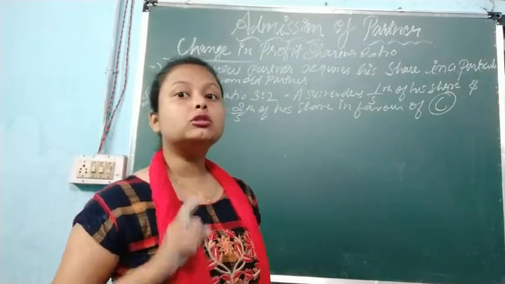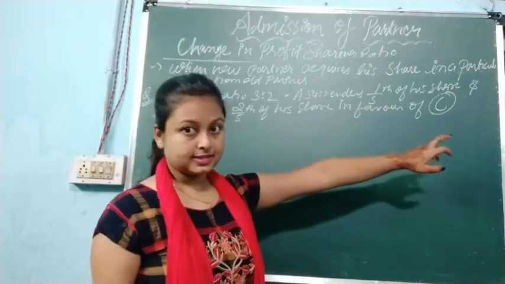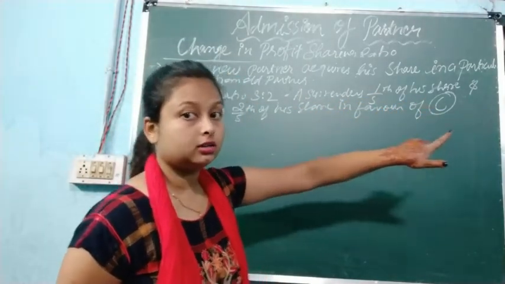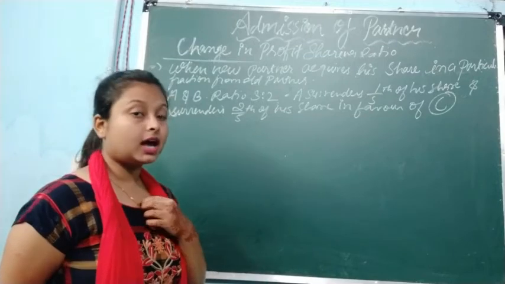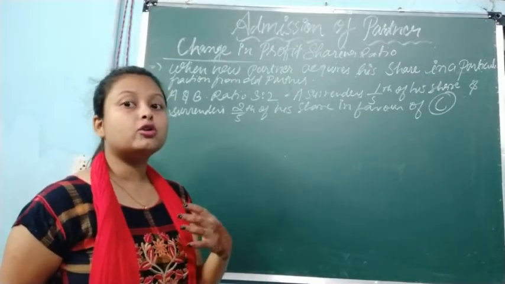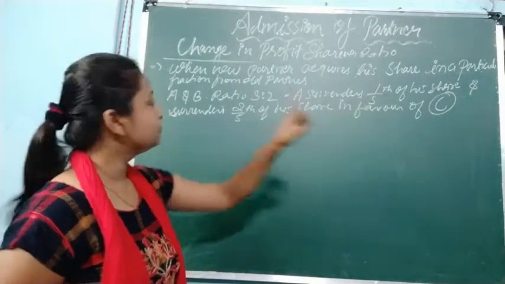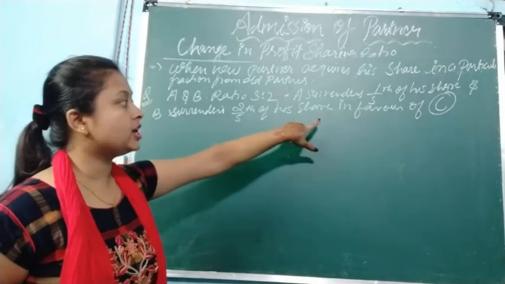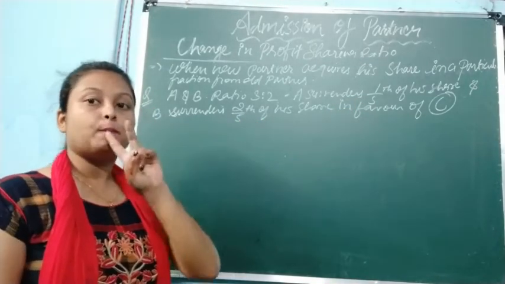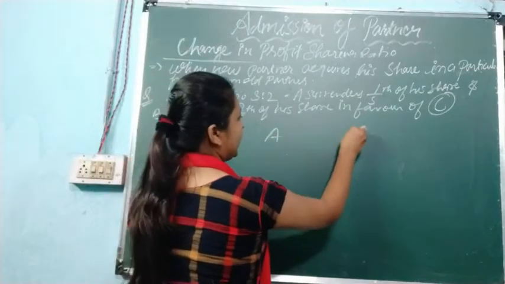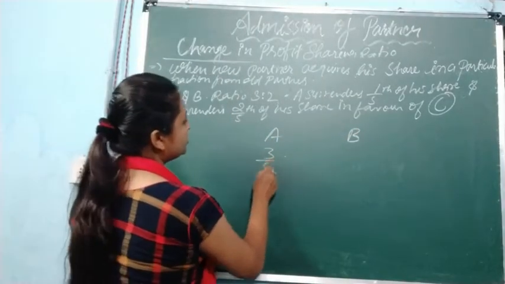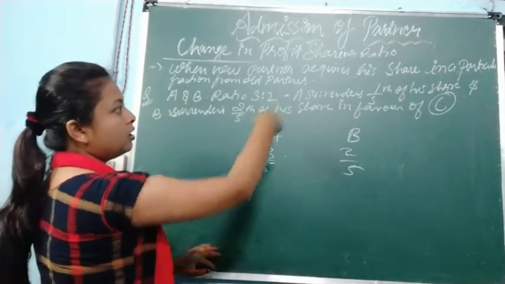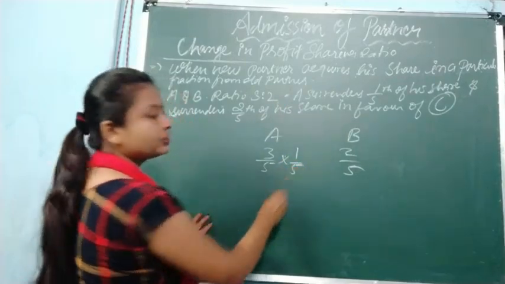They are going to admit a new partner, named C. A surrenders 1/5 of his share, means A is going to provide 1/5 of his share to C, and B surrenders 2/5 of his share in favor of C. Means both the partners A and B, their share was already 3/5 and 2/5. Out of this share, how much is A going to give? 1/5 of his share.